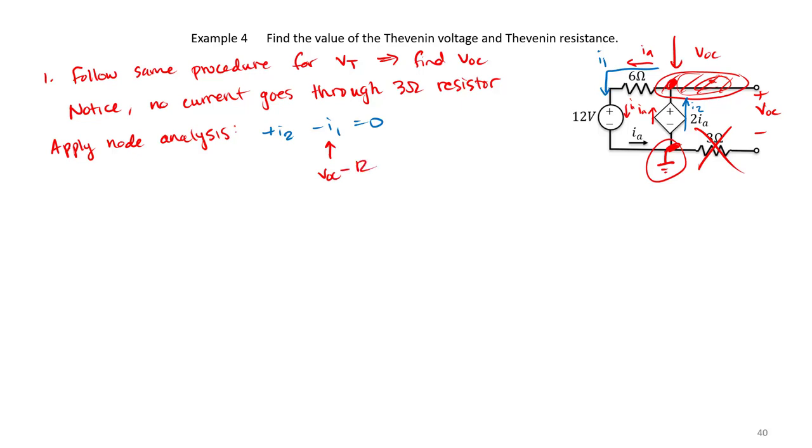So again, VOC minus 12 volts divided by 6 ohms. And my current I2, notice that is going to be given by my IA value. So I can write, in this case, that IA minus (VOC minus 12) over 6 equals 0.